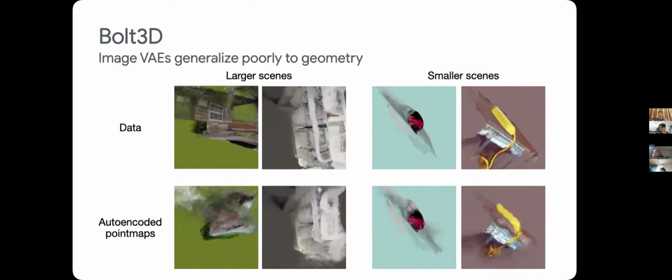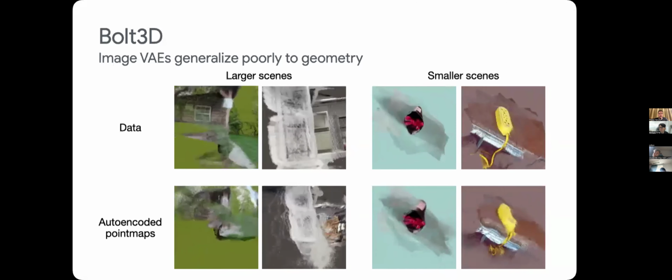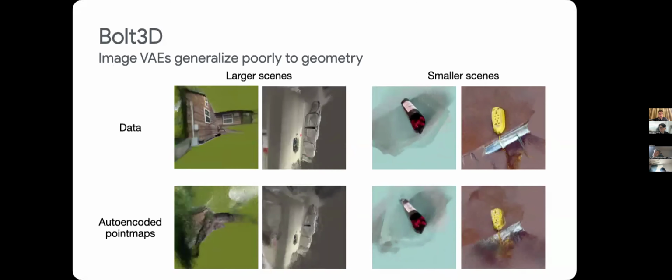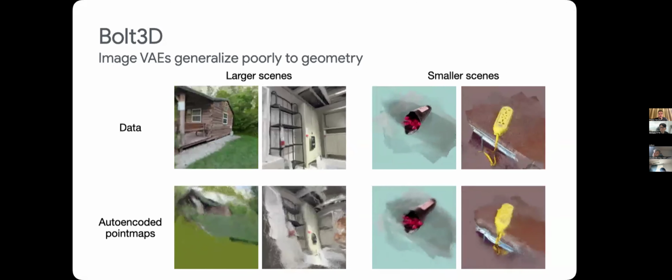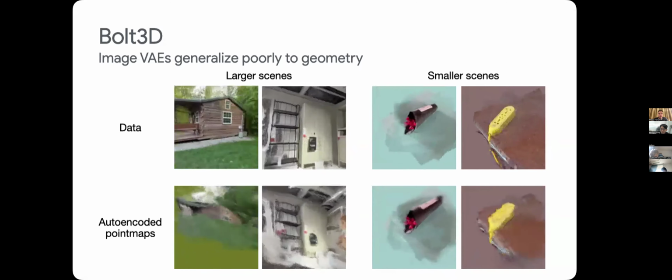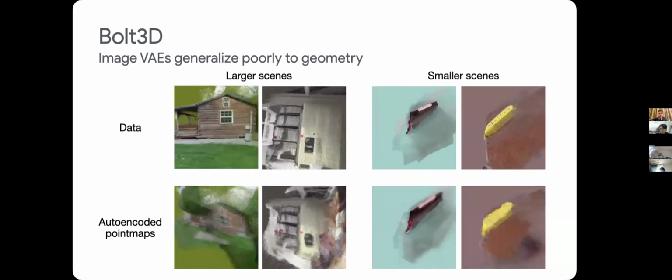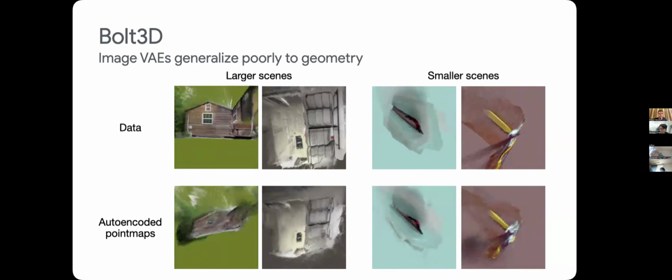One thing that I would now like to talk about in more detail is this geometry autoencoder, because learning to output geometry with a latent diffusion model has proven surprisingly difficult initially. We found that VAEs pre-trained for image autoencoding were not really appropriate for autoencoding geometry.